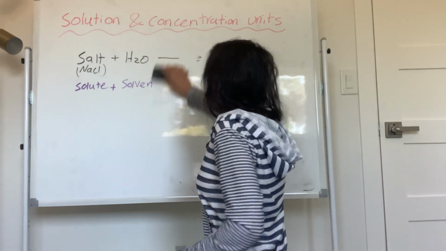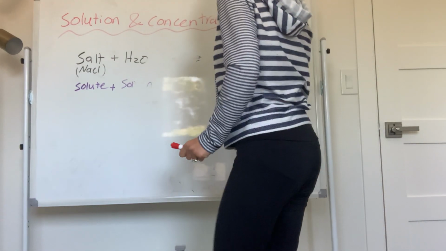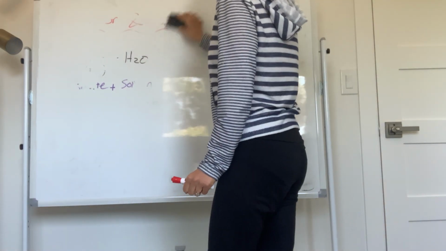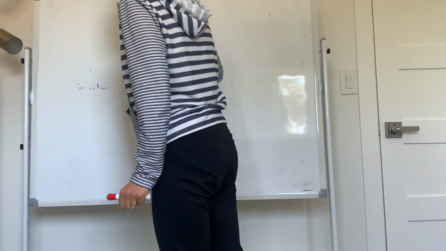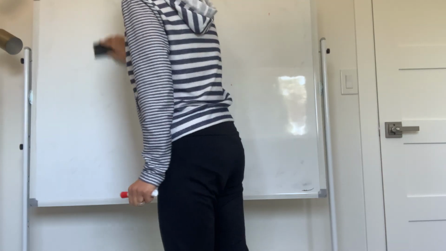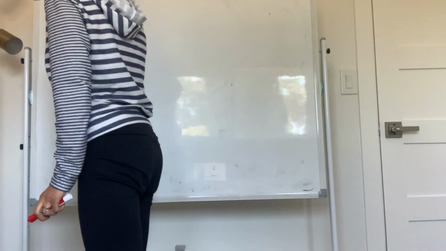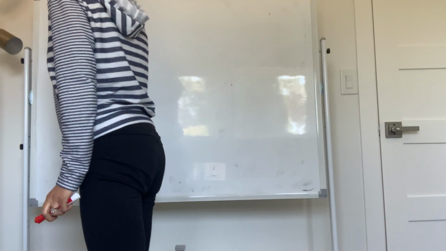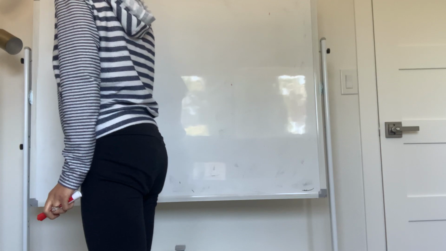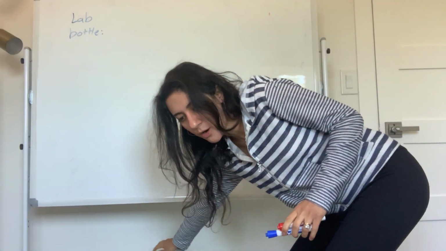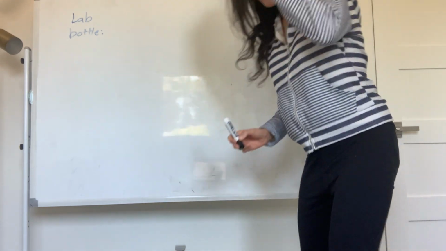Now, let's do a practice problem to see how we change the units for the concentration and why we would do that. Let's say we're going to go to lab, okay? And in the lab, there is a bottle of sulfuric acid.